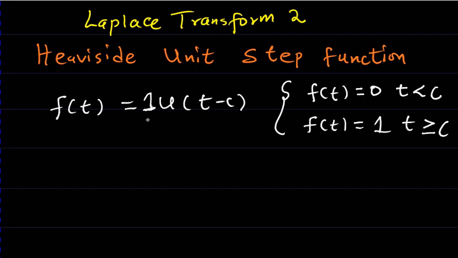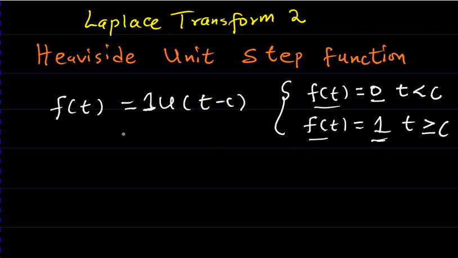It will actually output 0. So what we have as an effect of the unit step function is that f of t is equal to 0 at any value of t that is less than c, but it will always output 1 when t is greater or equal to c. So immediately the time reaches c and above, the function outputs 1.